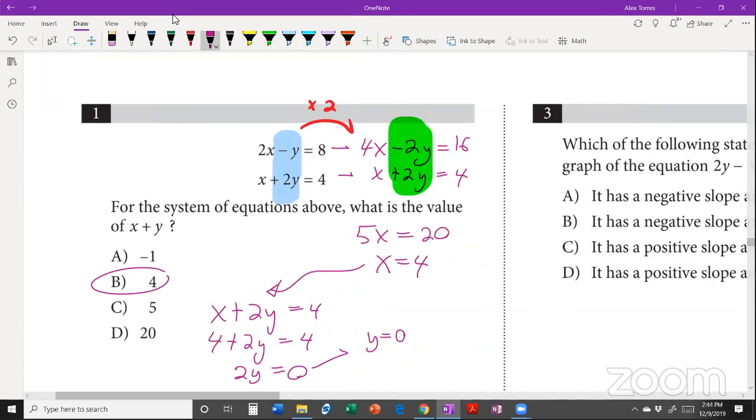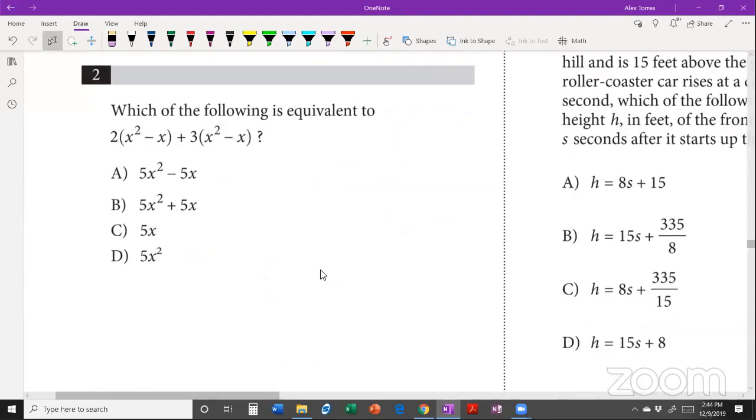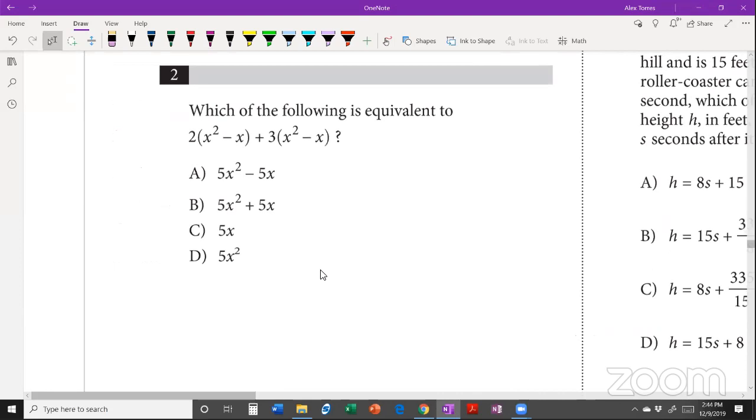Now we'll look at number 2. We need to find something equivalent to this expression. The nice instinct is to just distribute both of these. The first one will give you 2x squared minus 2x, and the second one gives you plus 3x squared minus 3x.